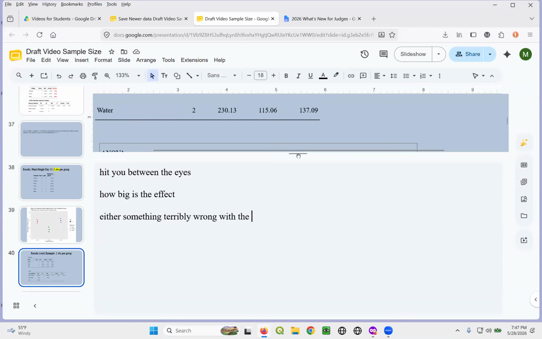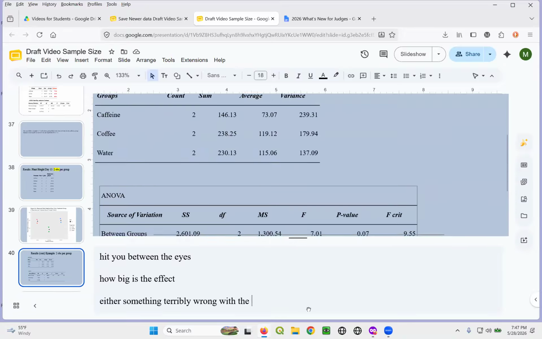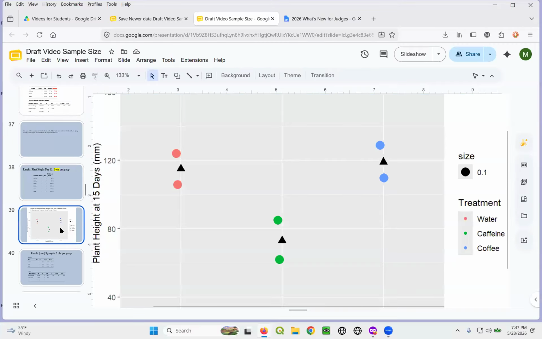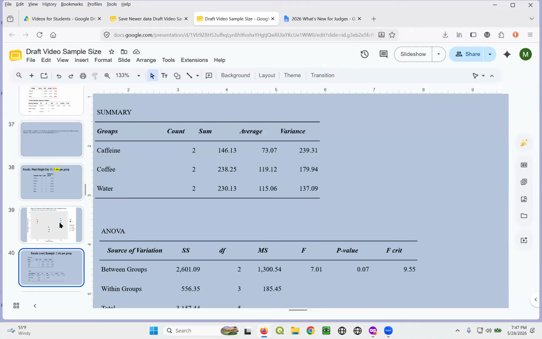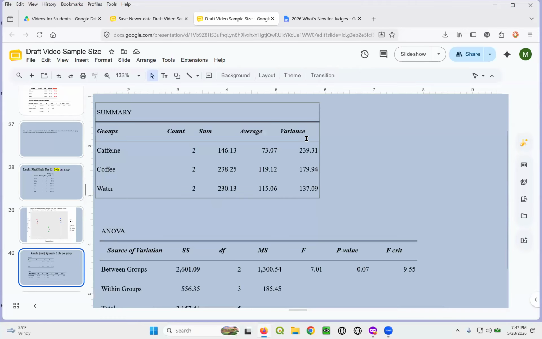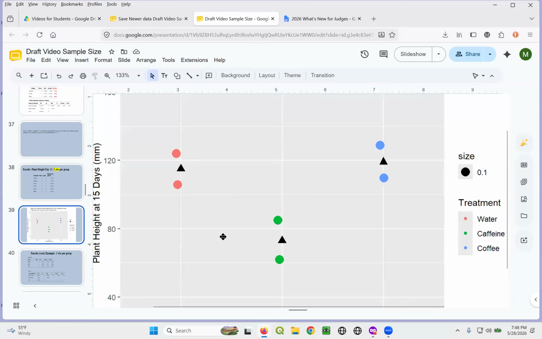And you can tell that with n equals 2. What you don't have is a precise estimate of this effect. You have no idea whether this 40 millimeter difference is actually anywhere near the actual true difference.